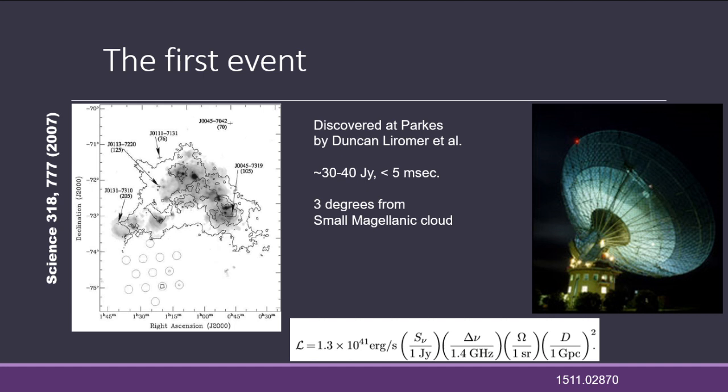You see the picture on the left, and these 13 small circles, they are 13 radio beams. In these circles the telescope was sensitive, and the telescope observed a very intense, very short flare. You see it on the figure in one of these beams. The intensity was really large. The fluence was 30-40 Jansky.